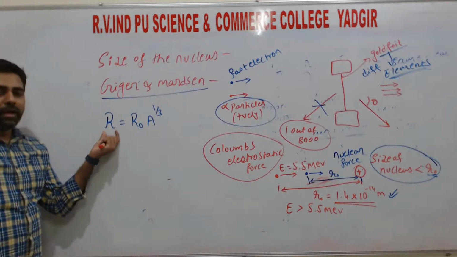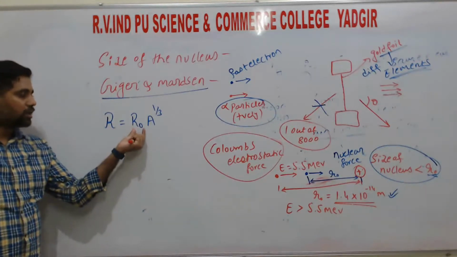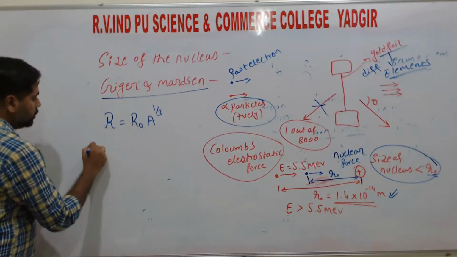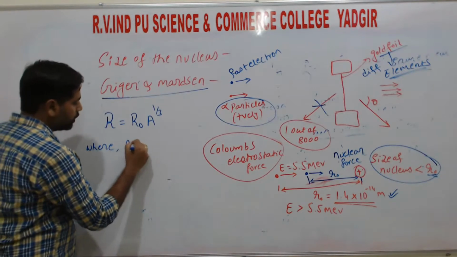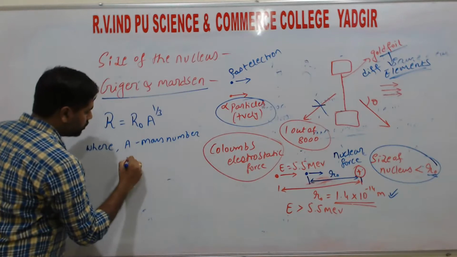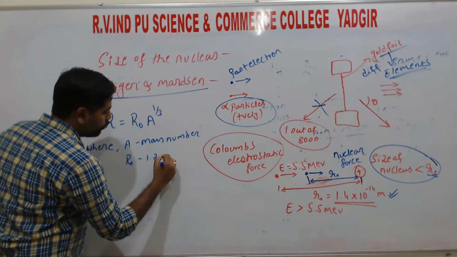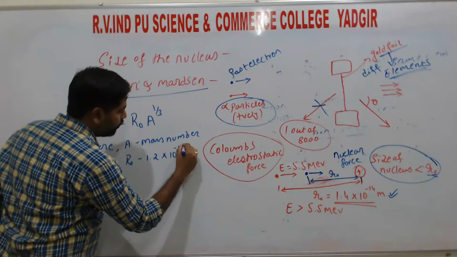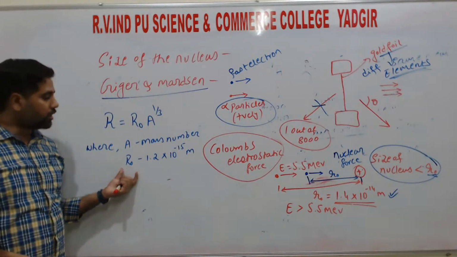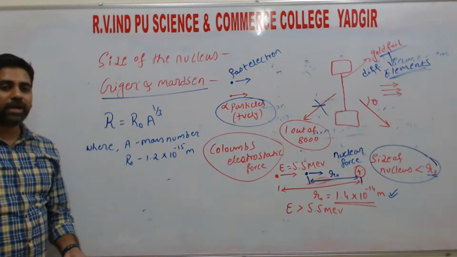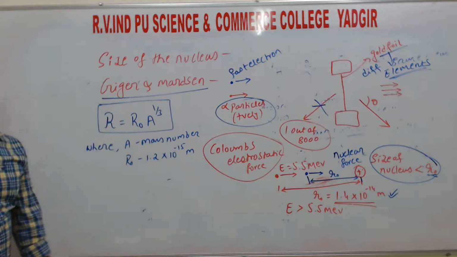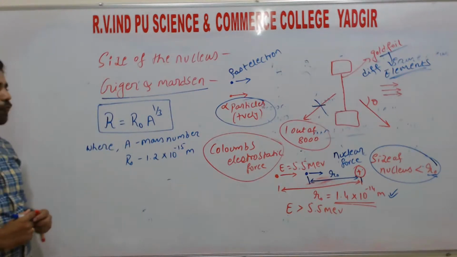Where R is the radius of the nucleus and R naught is a constant, where A is the mass number. And R naught value is 1.2 into 10 to the power of minus 15 meter. So this gives the size of the nucleus, right? By using the Rutherford experiment.